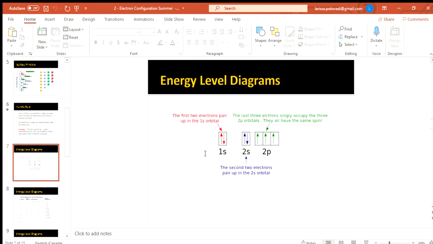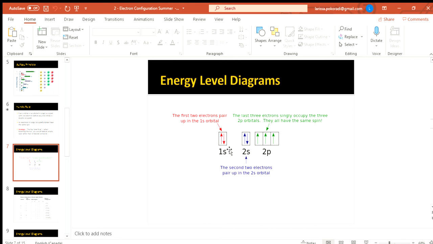So here we have an energy level diagram taking into account both Aufbau and Hund's rule. Aufbau is coming into play because we filled up all the 1s before we filled up all the 2s, before even touching the 2p. So we're going in increasing energy levels. Hund's rule doesn't really apply to the s because we've only got 1 orientation, right?